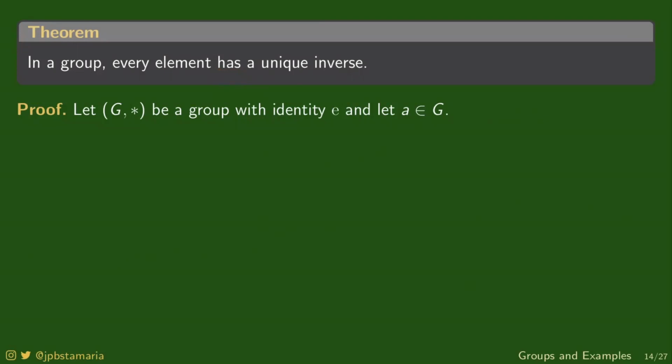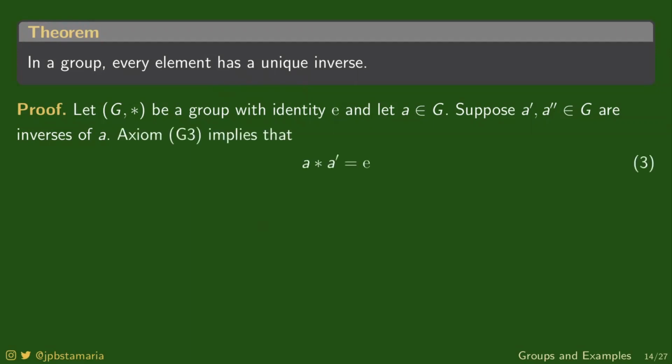So once again, how do we do that? We suppose that there are, let's say, A prime and A double prime in G. Let's say they are inverses for A. What do we have then? If A prime and A double prime are inverses of A by definition of inverses, dapat kapag si A multiply mo sa A prime, whether from the left or from the right, pero ang gagamitin ko na lang yung from the right, sa kanan multiply yung inverse, ay E, which is the identity.